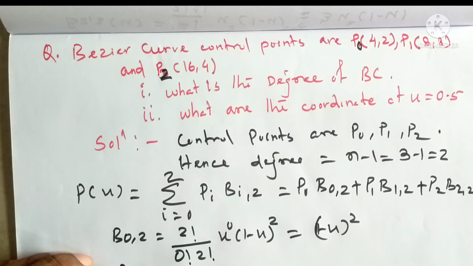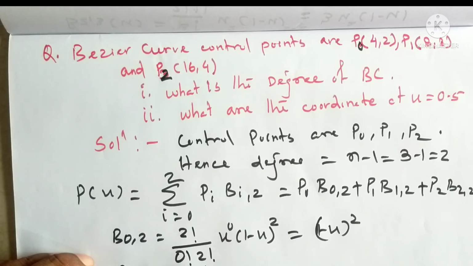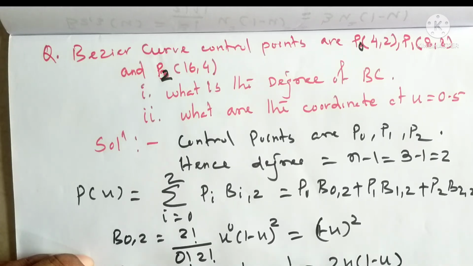Similarly I can find B1,2. B1,2 is 2 factorial divided by 1 factorial into 1 factorial, into u to the power 1, (1 minus u) to the power 2 minus 1, that is 1. So ultimately you get the value 2u(1 minus u). So that is B1,2.